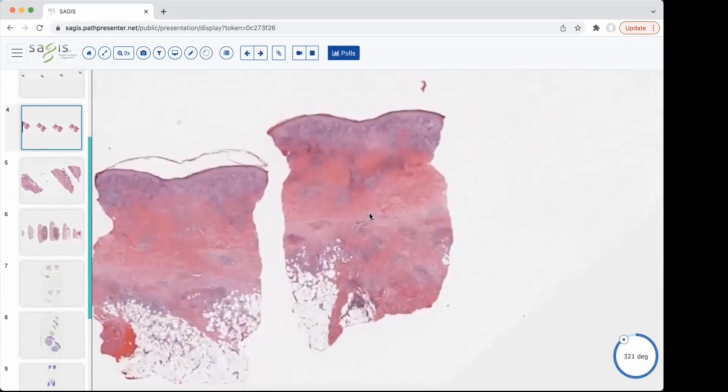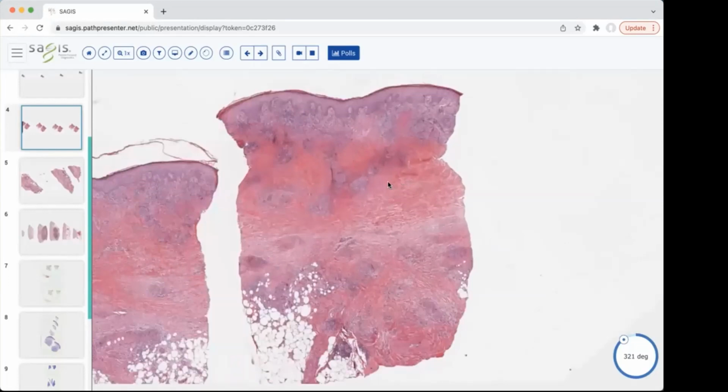A little blurry, I'm going to let it come into focus, but I've always liked this diagnosis clinically and histologically. Sometimes it can be a little bit difficult to fit it into a category perfectly, and you really have to think in 3D, in the patient's body, what these would look like.